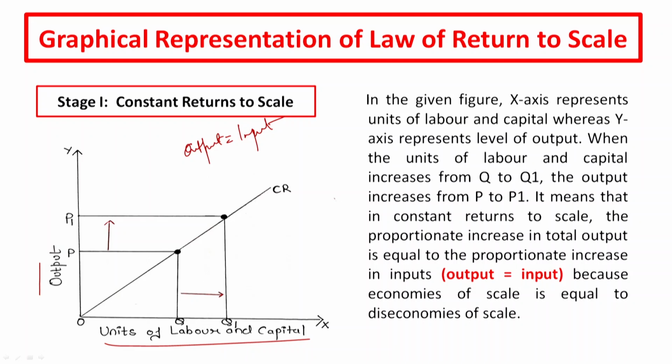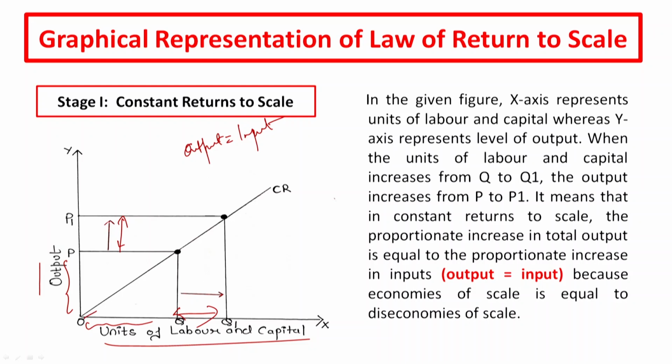Initially you are producing 0P output at 0Q level of input. Now you are increasing the input from 0Q to 0Q1, and you are increasing the output from 0P to 0P1. That means the change in input and the change in output are exactly the same.